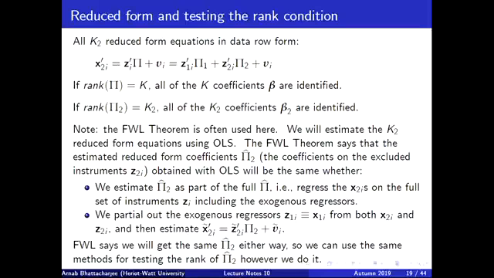That the estimated reduced form coefficients, this guy, obtained from OLS will be the same whether we estimate pi2 hat as part of the full pi hat or we estimate it separately, or we partial out all the included instruments, the Z1 guys here, right?